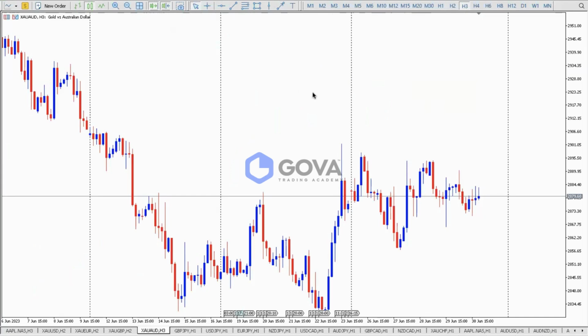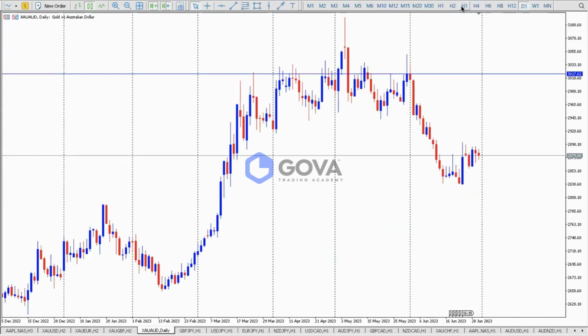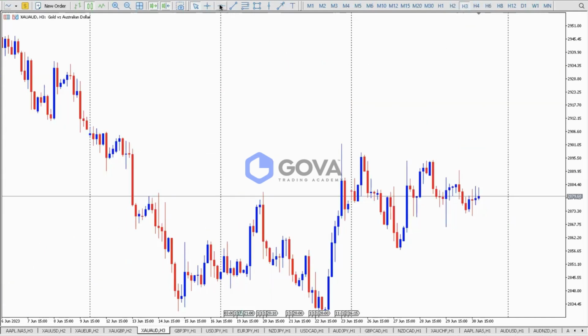So let's just continue on how to take trades on the weekly EQ. Since I've already shown you what to look for on the monthly EQ, how to analyze the monthly EQ. So now on this weekly EQ, you can see I've already marked my monthly EQ. The next thing is to switch to the H3 time frame to mark the weekly EQ, which is exactly here.